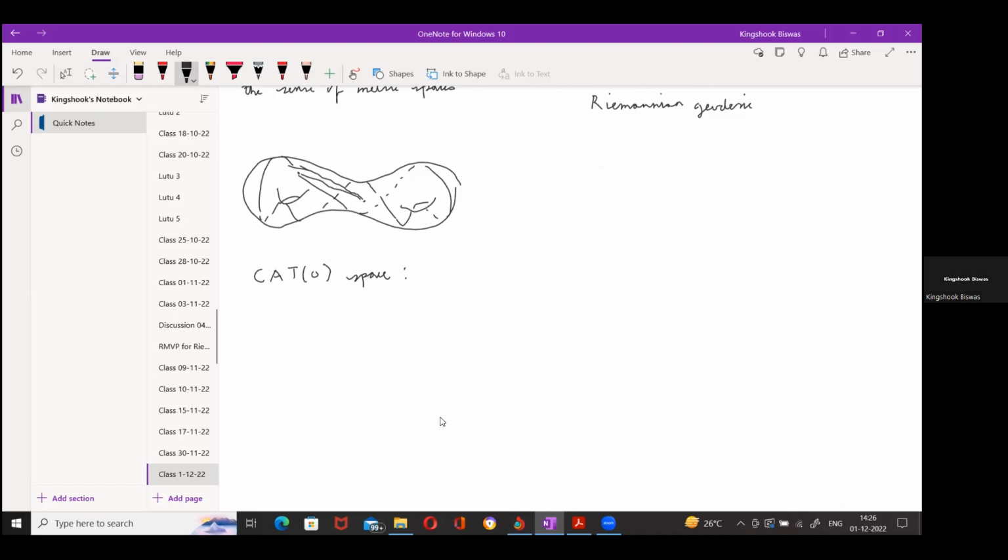So what you want is a metric space (X, d) which is geodesic, such that all geodesic triangles in X are thinner than their comparison triangles in R2. So let me explain what this means.